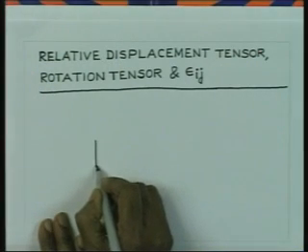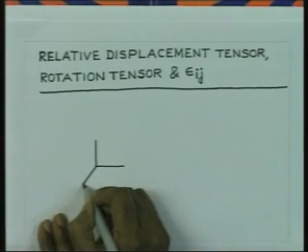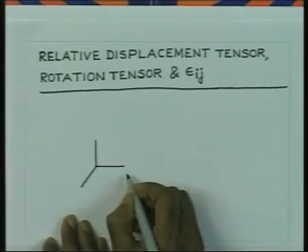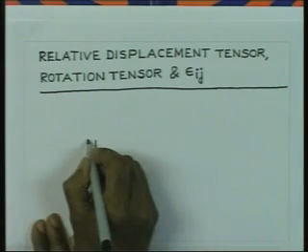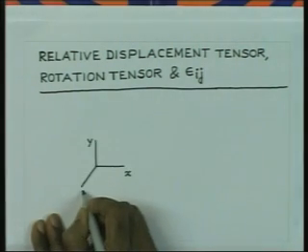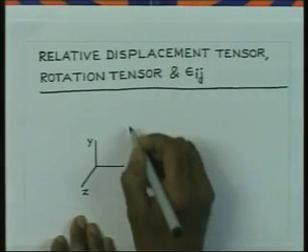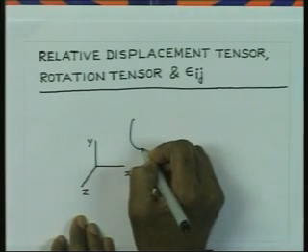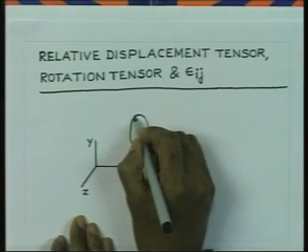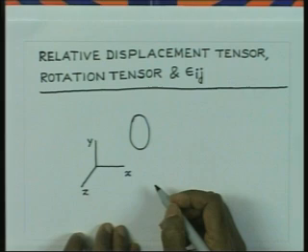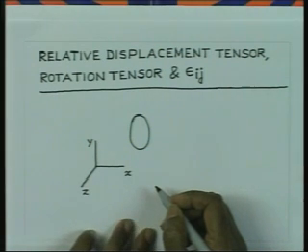So, let us look specifically at the case where we consider 3 dimensions and our axes are oriented as usual. Consider a body which is loaded. I am not showing the load here, but this is the body which is subjected to loading, and under the action of the loading it can move, it can rotate.